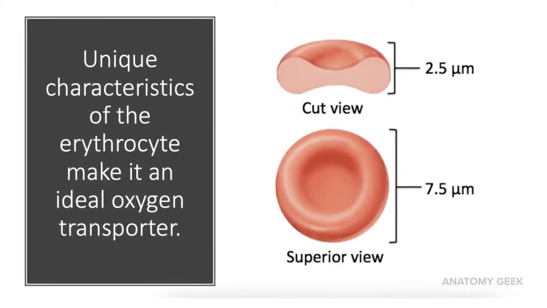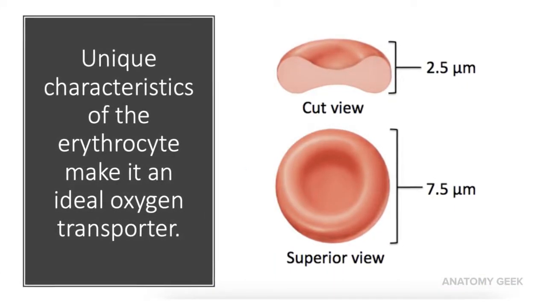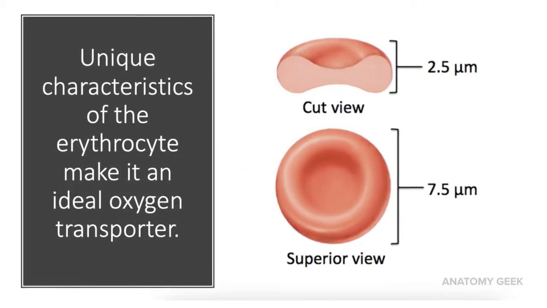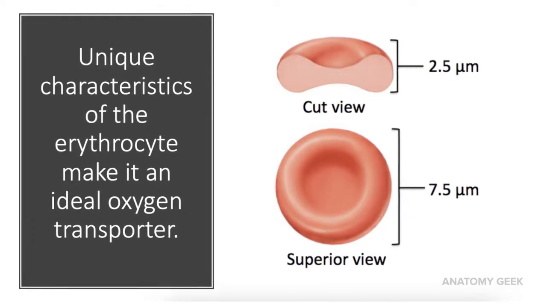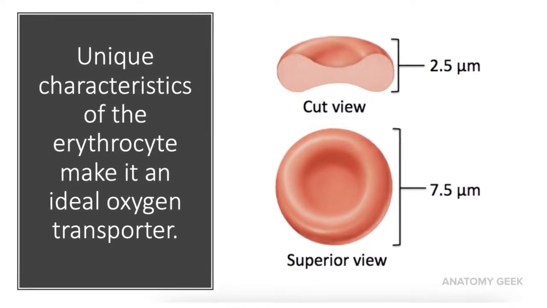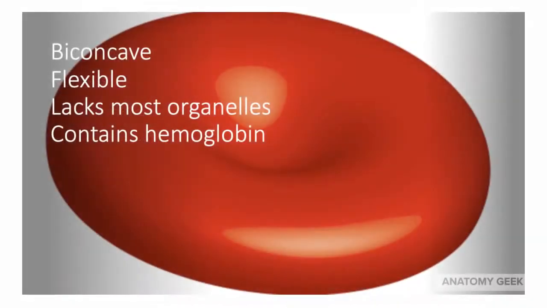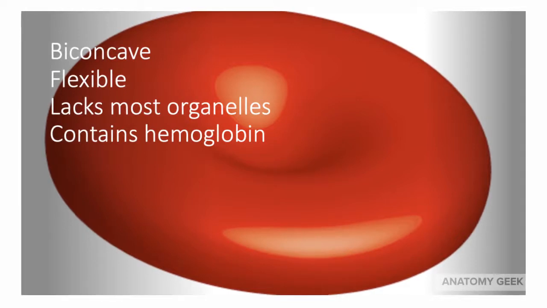Now, there are some unique characteristics of the erythrocyte that make it an ideal oxygen transporter. First of all, the erythrocyte is described as being biconcave. So it sort of looks like a jelly donut that is smushed in the middle on both sides.